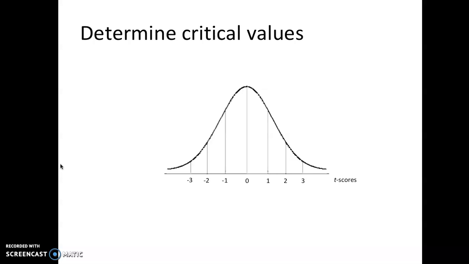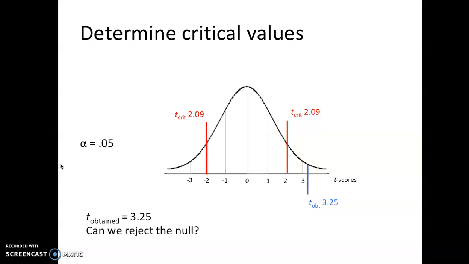Now we can plot our t critical values to find the beginning of our critical areas or rejection zones. We then plot our t obtained value of 3.25, and we see that we are clearly greater than the t critical value, and we are in the rejection zone.